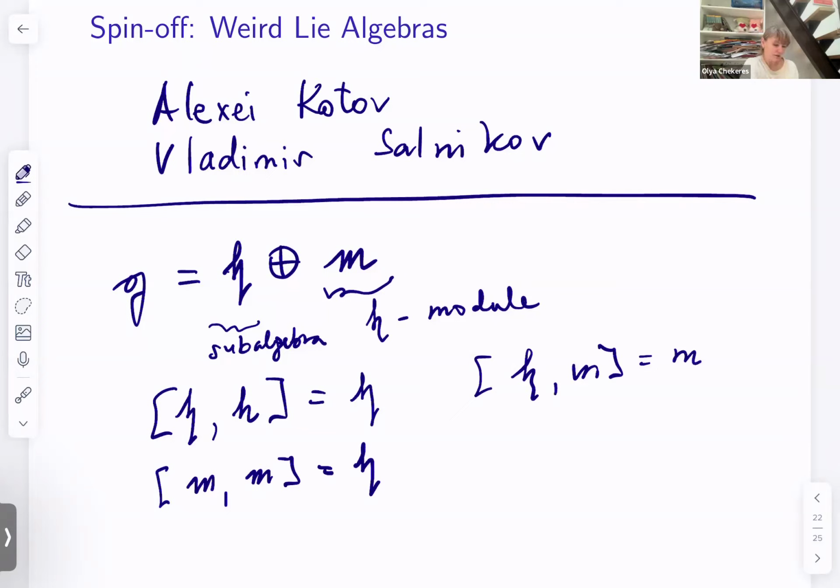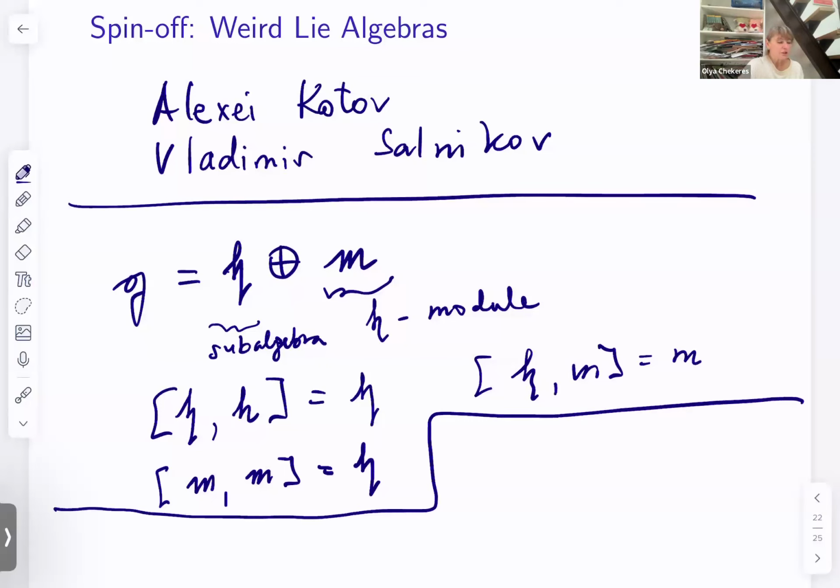So this is odd, even, odd, even. Okay. And then starting from this structure, we can shift the parity of the subalgebra. So we get something which we called weird. And we shift the parity of the bracket. And we get some kind of algebra which works in this way.